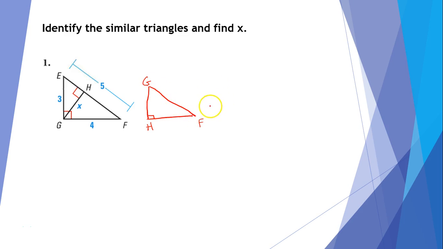Okay, now let's draw the smaller triangle oriented the same way. Okay. And again, our right angle is here, and our bigger angle of the two acute angles here is E. Oops, let's label that E.